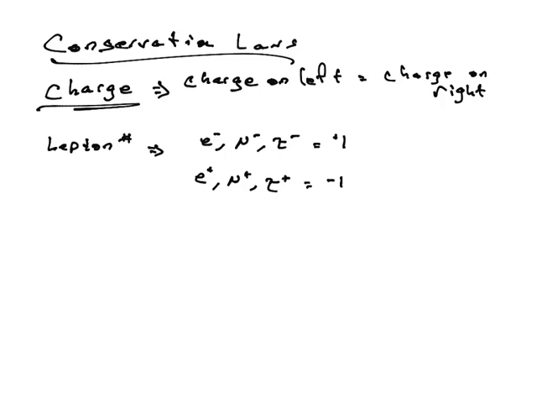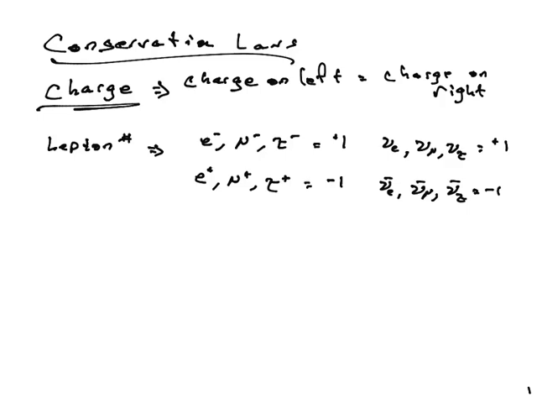The neutrino, for the electron neutrino, the muon neutrino, and the tau neutrino, they each have +1 lepton number, and the antineutrinos have -1 lepton number. Okay? So that's total lepton number.